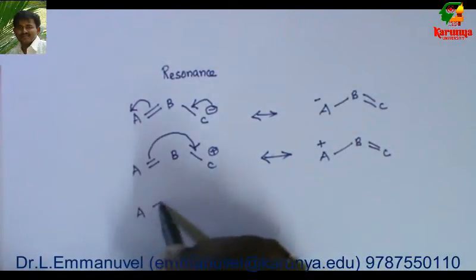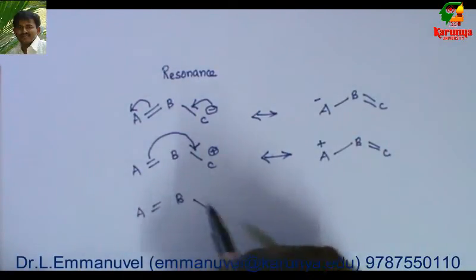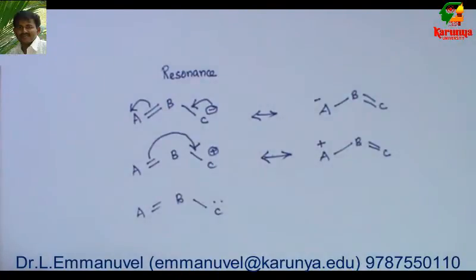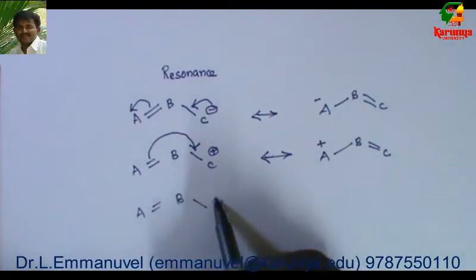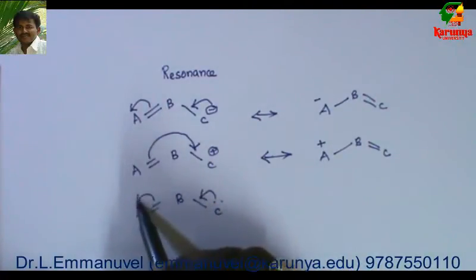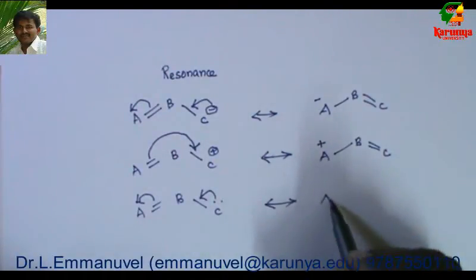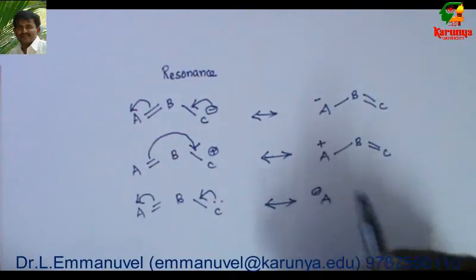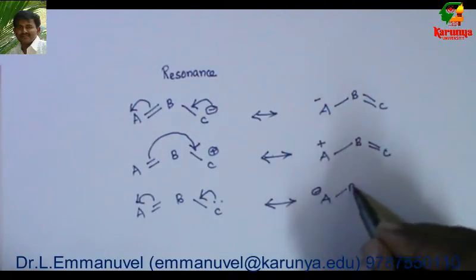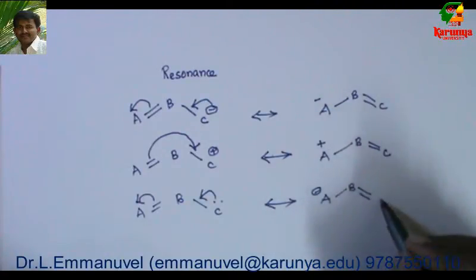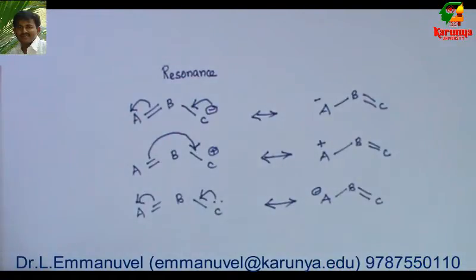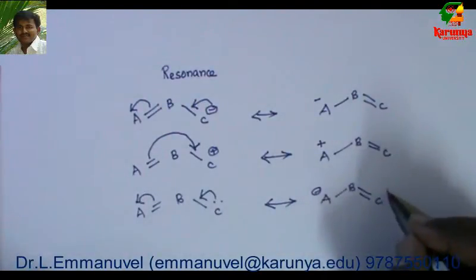Another option, even if there is a lone pair of electrons, then also it is possible. The lone pair of electrons may fall like this and what we get is not another lone pair, it is a minus charge. Since this atom has lost its lone pair, this will become plus.